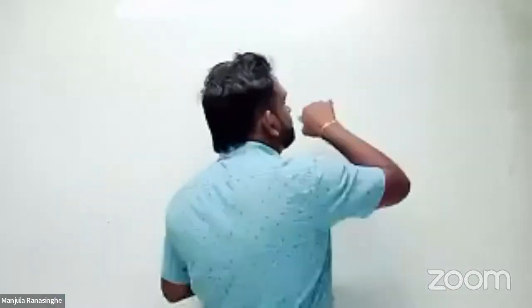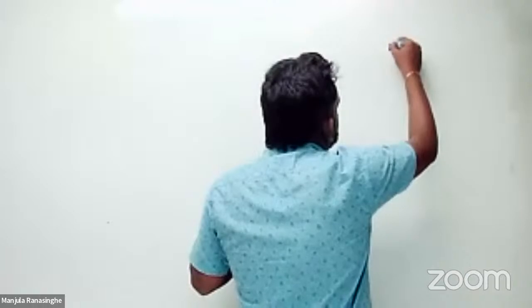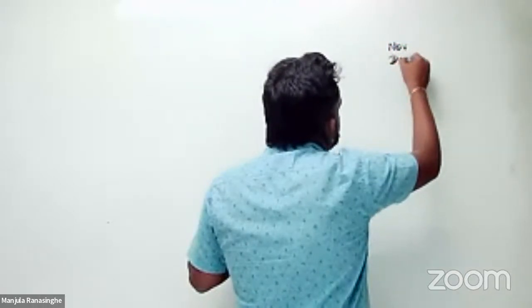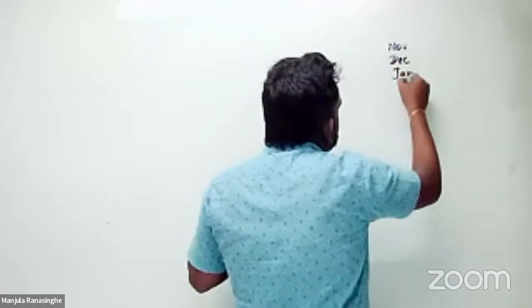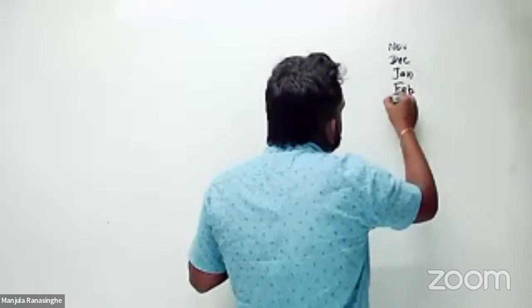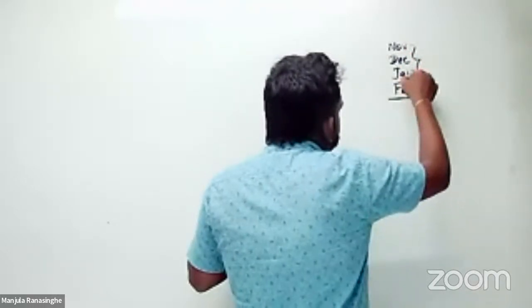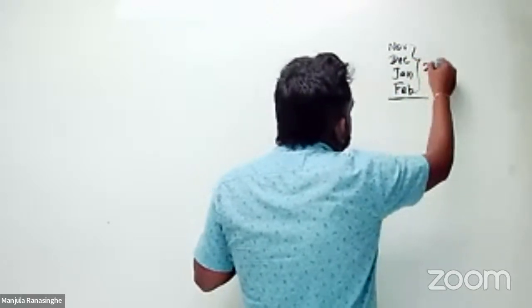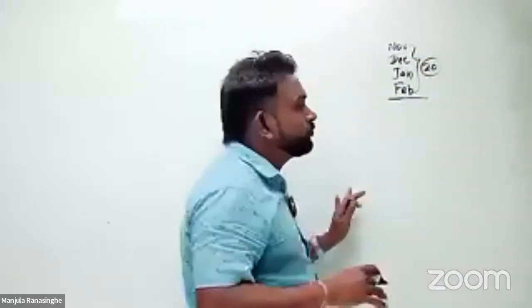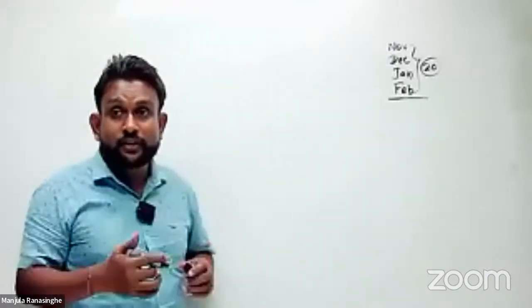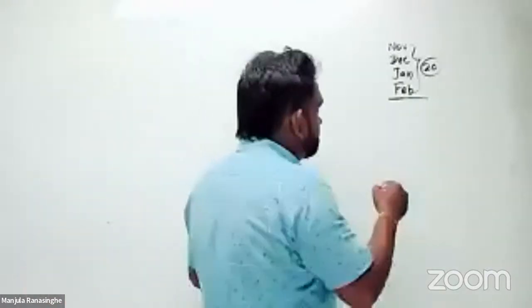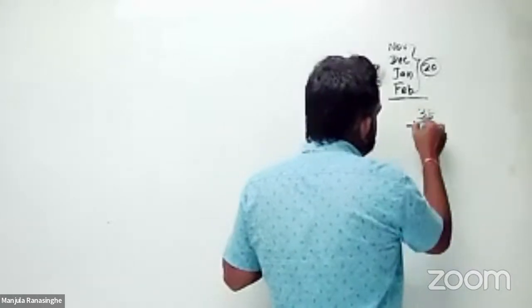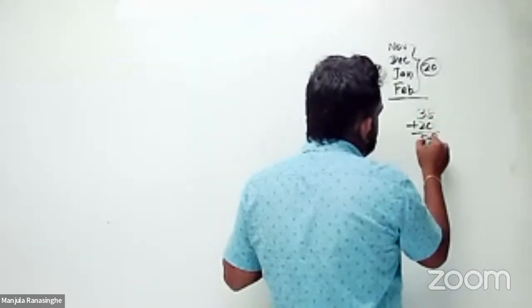I planned this year, so we have November, December, January, February, these 4 months. If I plan nearly 20 papers, doing them regularly weekly, then now 38 plus 20 means 58.